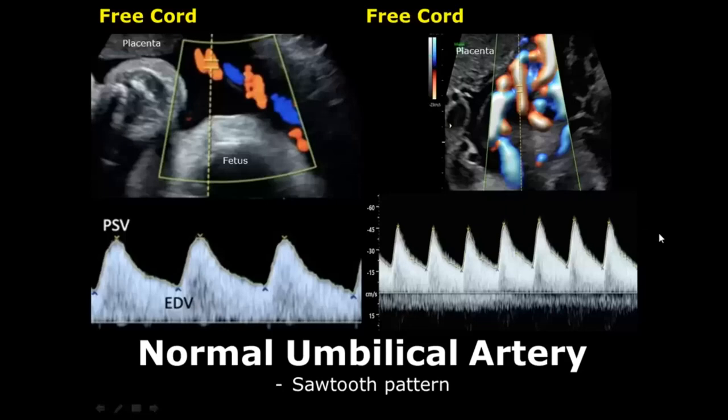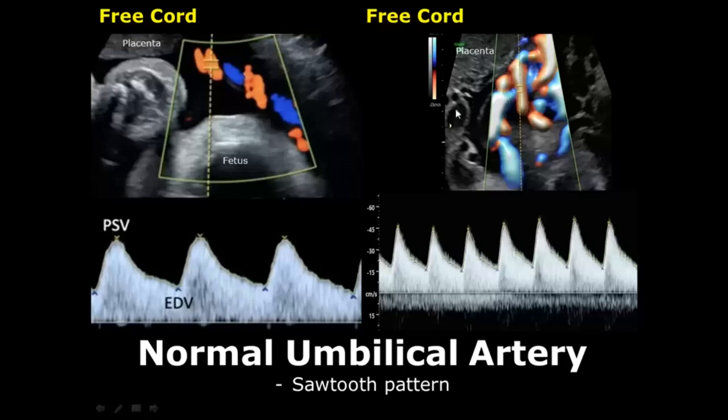We can perform Doppler study at 3 locations by placing the sample volume at specific points. The first is the placental end of the umbilical cord. Second is the free cord that is floating freely in the amniotic fluid.